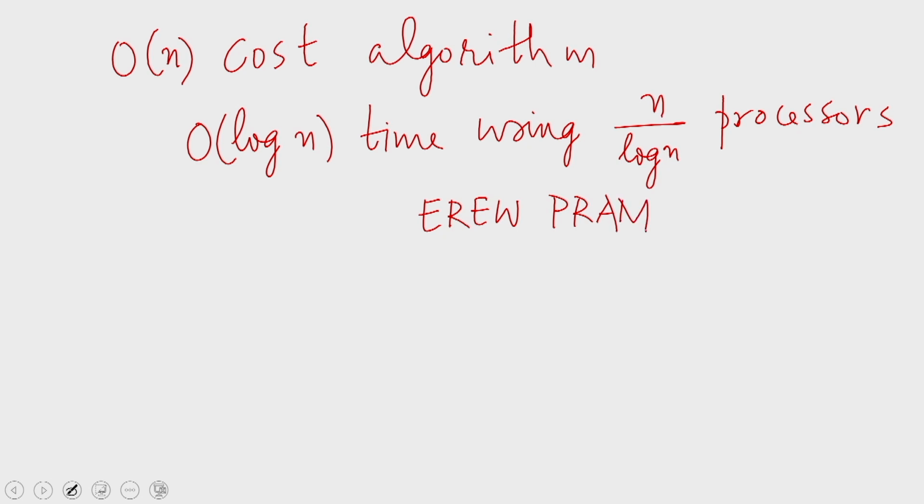The cost of the algorithm would be the time-processor product, which is order of n, and therefore it will be optimal. So, now let us see how the algorithm can be devised.